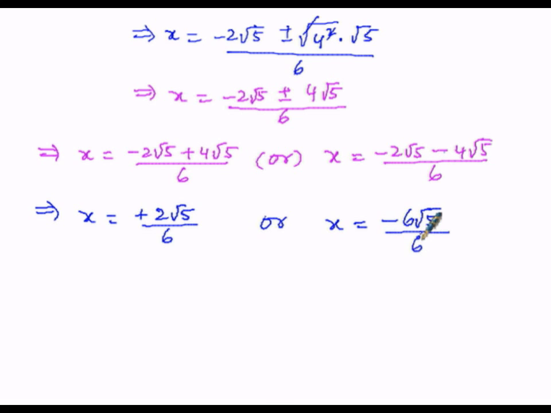Here 6 and 6 get cancelled, whereas 2 1s in the numerator and 2 3s in the denominator. So x equals positive 1 into root 5 is root 5 overall divided by 3 is one value, or x equals minus just root 5.